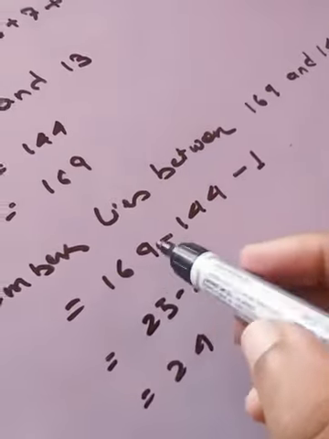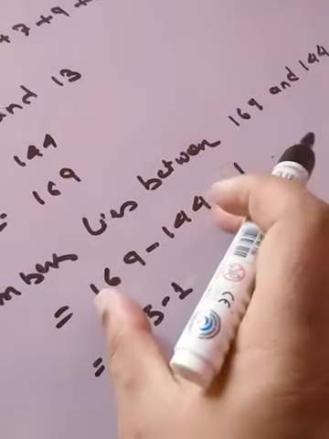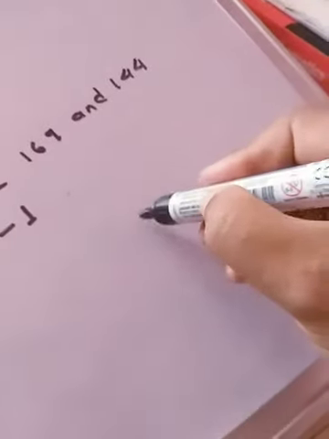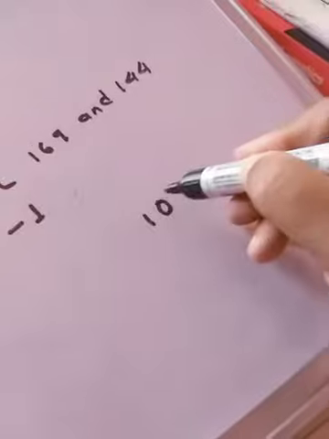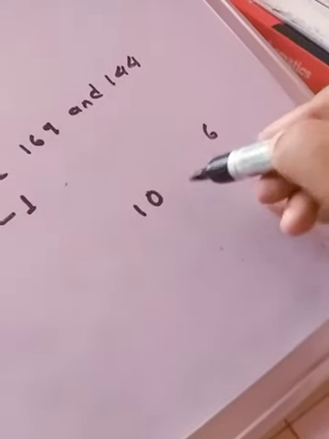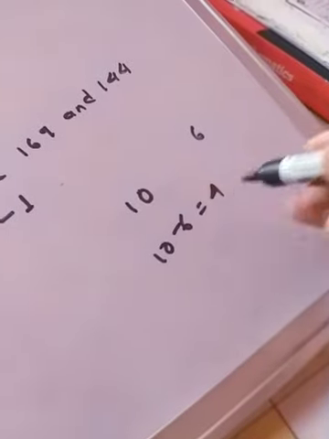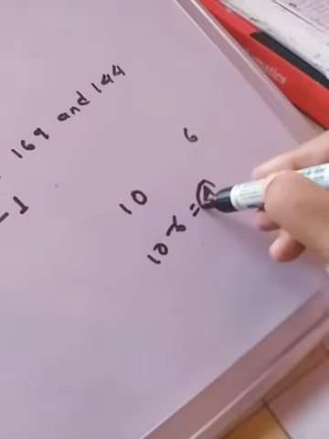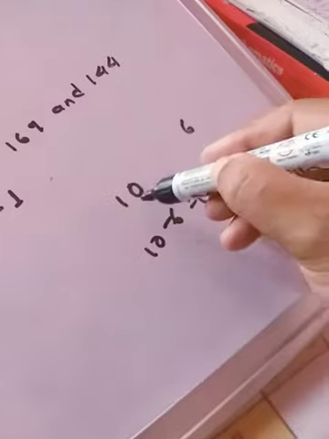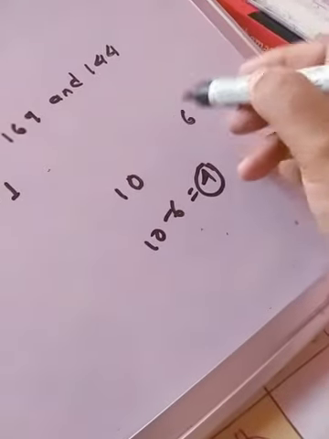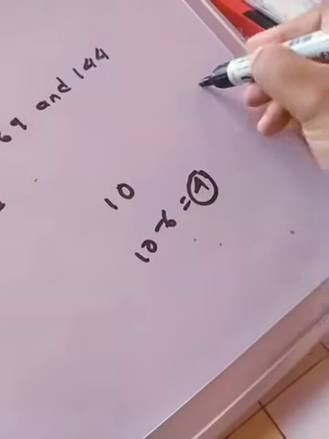Now when I am saying between 169 and 144, let us take some example. Suppose I ask you how many numbers lie between 10 and 6. What I have done is 10 minus 6, the answer is 4, isn't it? So do 4 numbers lie between 10 and 6? Check it out.